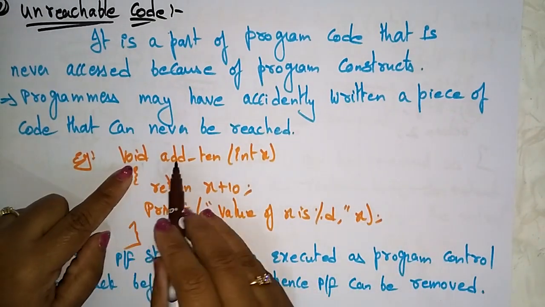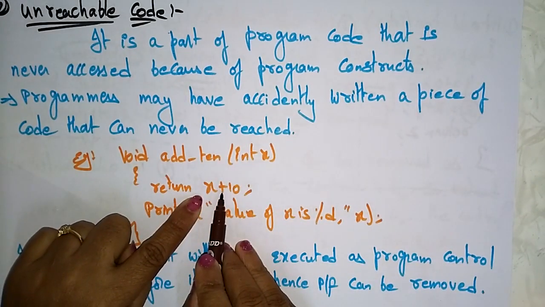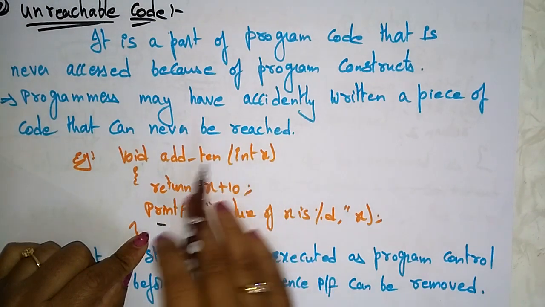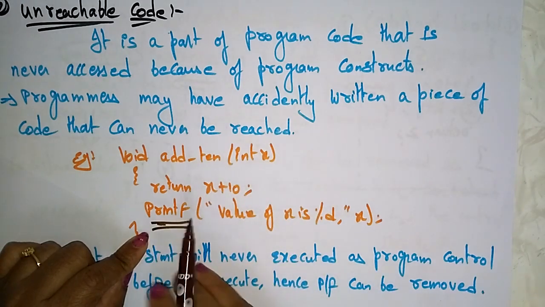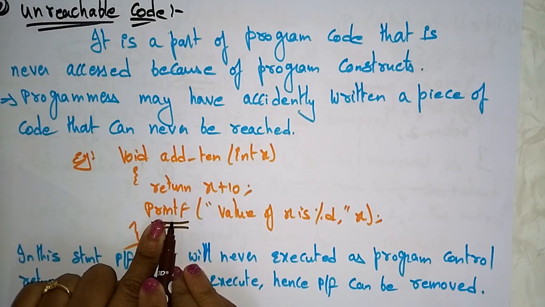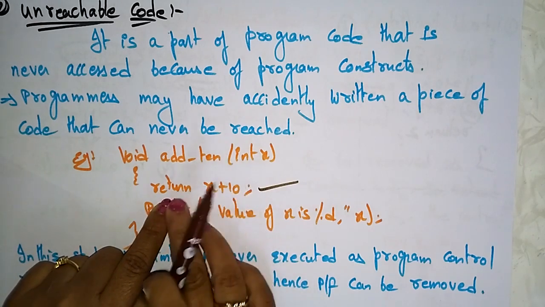Like here, void addition10(int x), I am just taking return x plus 10. And I am writing the printf statement, because whenever I perform some operation, if you want to show the result on the screen, I used to write the printf. Okay. But here writing the printf is a waste, because you are already returning the result.